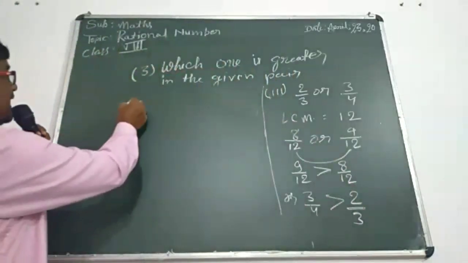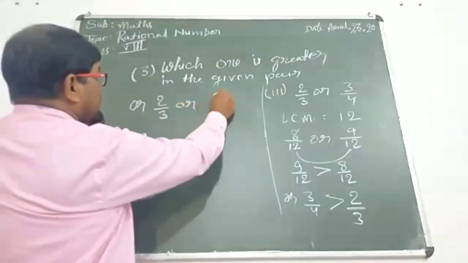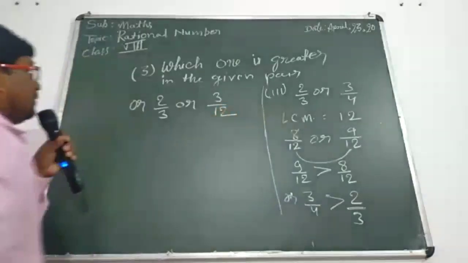Now student, second method. 2 upon 3 or 3 upon 4.